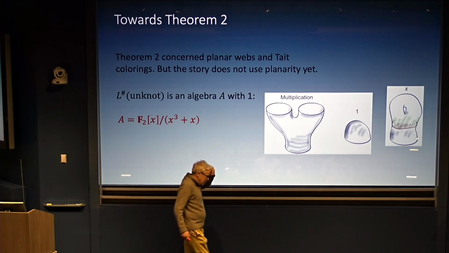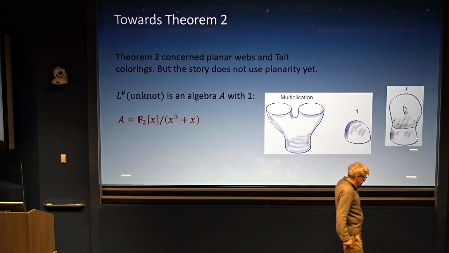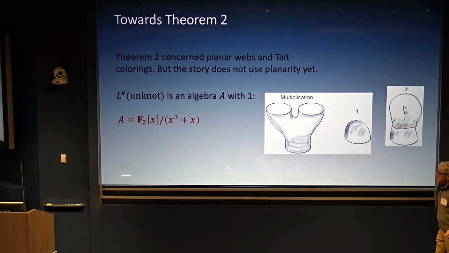What is this algebra as an algebra? You can describe it as follows. It has a distinguished element x, and it's just the quotient of the polynomial algebra in x by that cubic relation, x cubed plus x is 0. Different ways to say what x is. The real way to talk about it is to talk about a line bundle on the space of connections associated to a point on the foam.